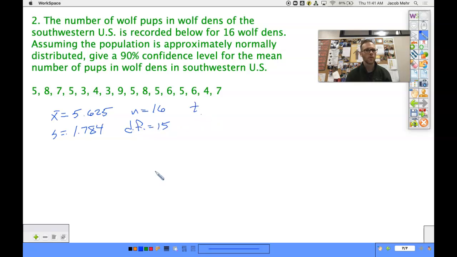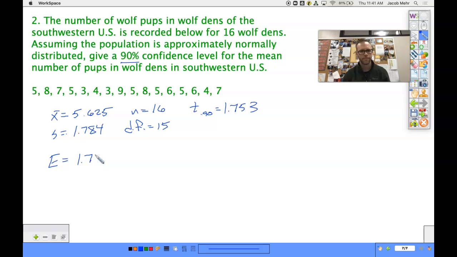We look up the critical t-score for a 90% confidence interval. That's 0.90. So we go to our table. We find 0.90 on the top, level of confidence. We're going down to 15 degrees of freedom. 1.753. Excellent. Let's calculate our error.